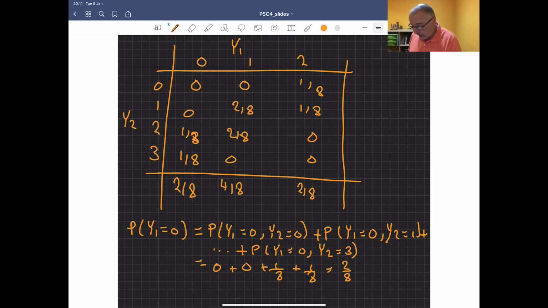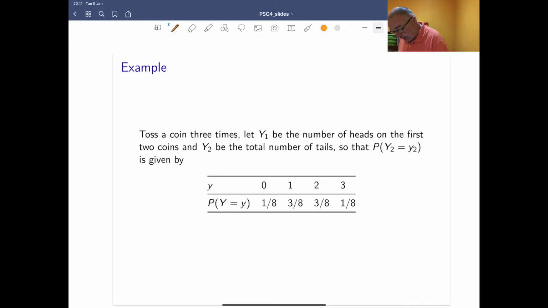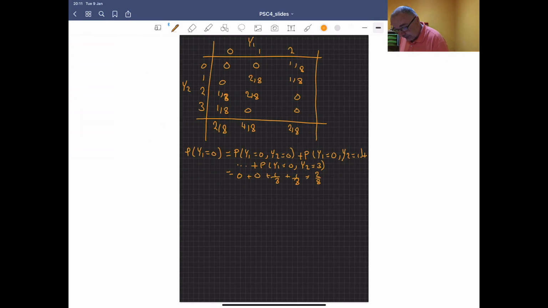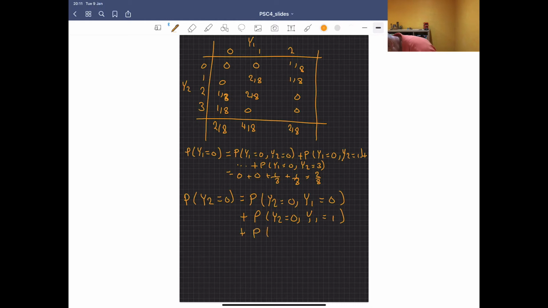In the next slide, we then say, well, let's do the marginal of y2. If you used the same logic, for example, the probability that y2 equals 0 would be the probability that y2 equals 0 and y1 equals 0, plus the probability that y2 equals 0 and y1 equals 1, plus the probability that y2 equals 0 and y1 equals 2.